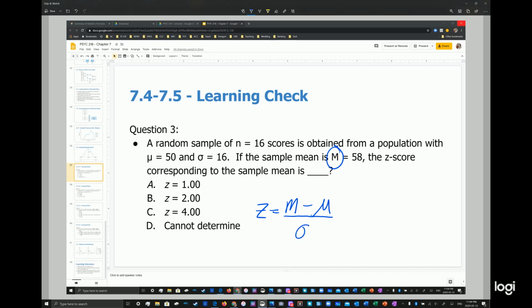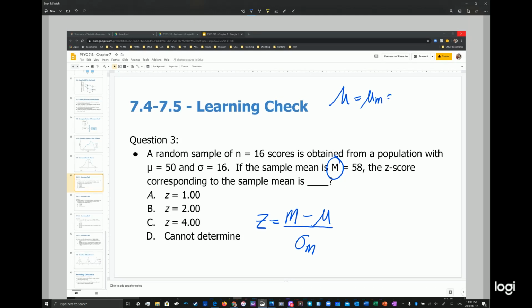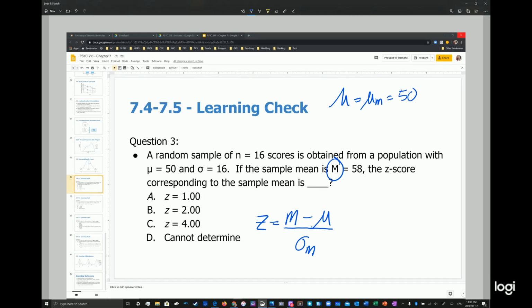The interesting bit here is the standard error. So the process would go like this. You know that the population mean is the same as the mean of means, so we know that's 50. That's the easy part. The standard error, what you're going to do next is, in this chapter, for this context, you're given both the population mean and the population standard deviation.